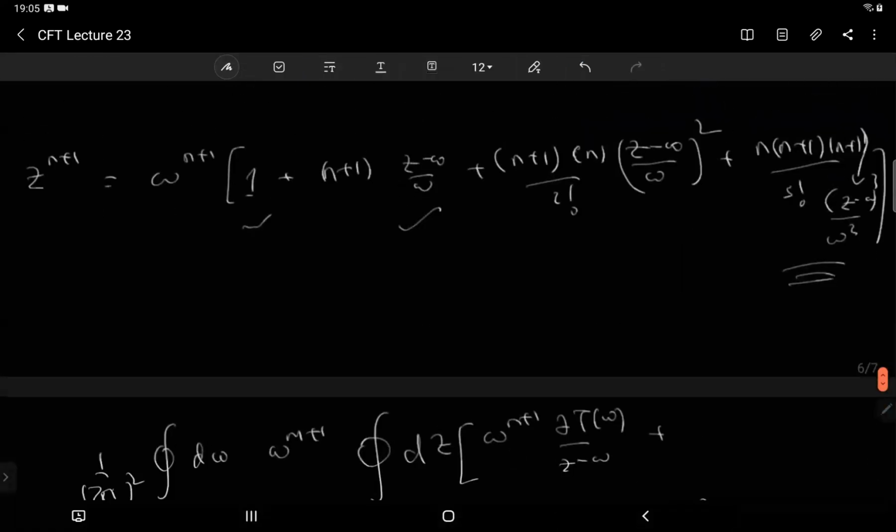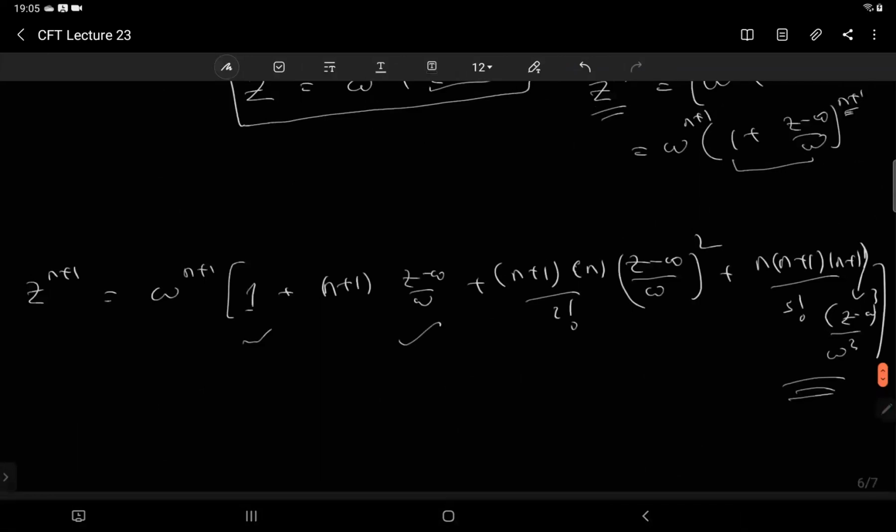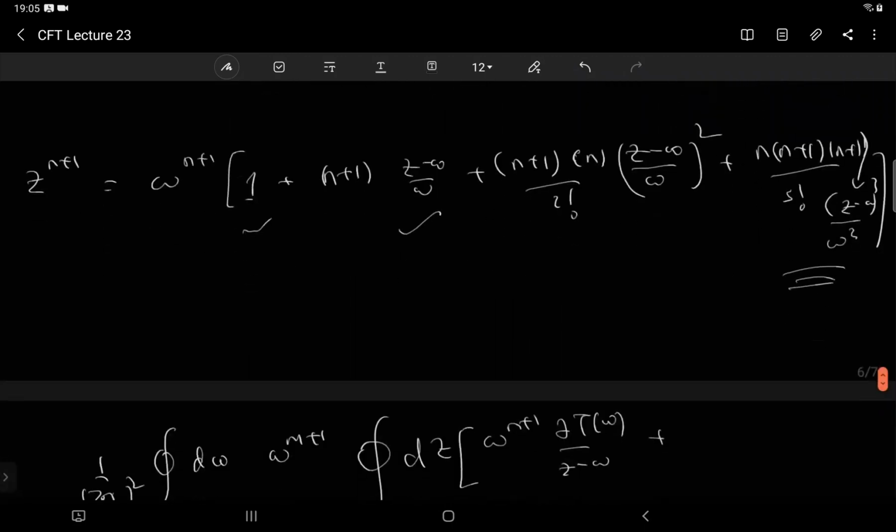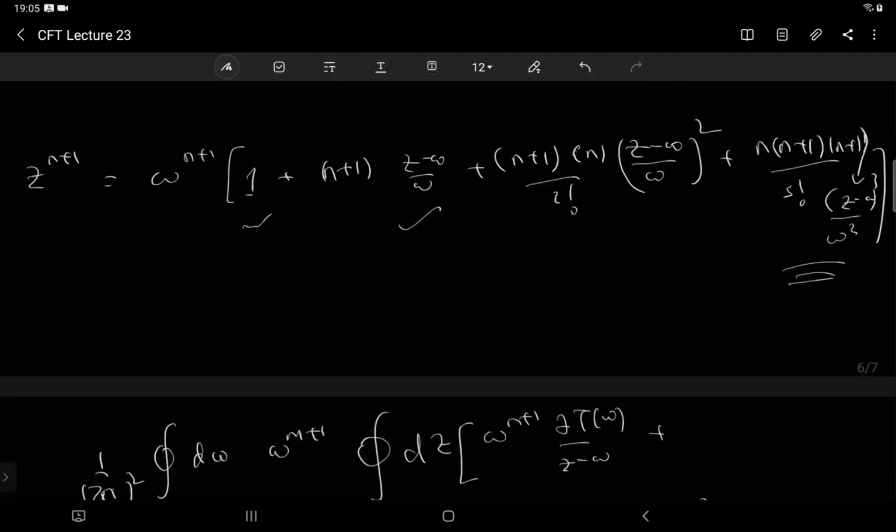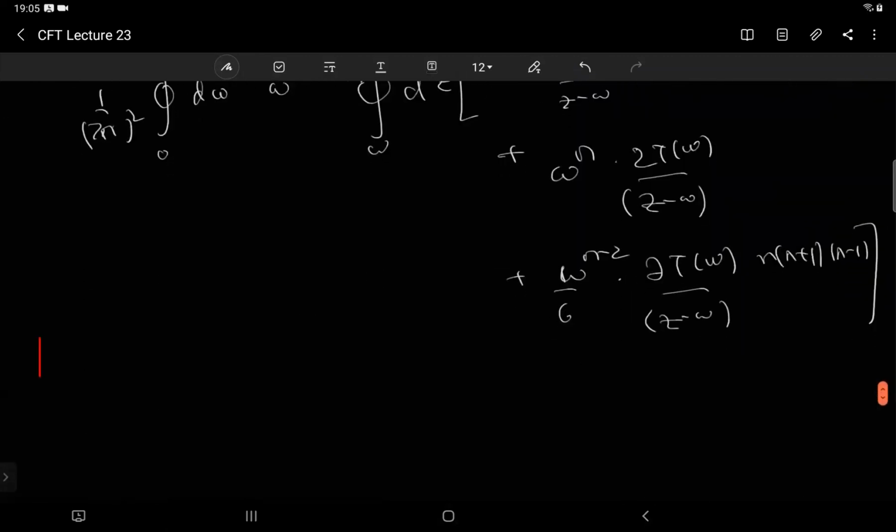Is this okay? First term is omega n plus 1, second term is n plus 1 omega n, and the last term is omega to the n minus 2 by 3 factorial into n plus 1 into n minus 1.